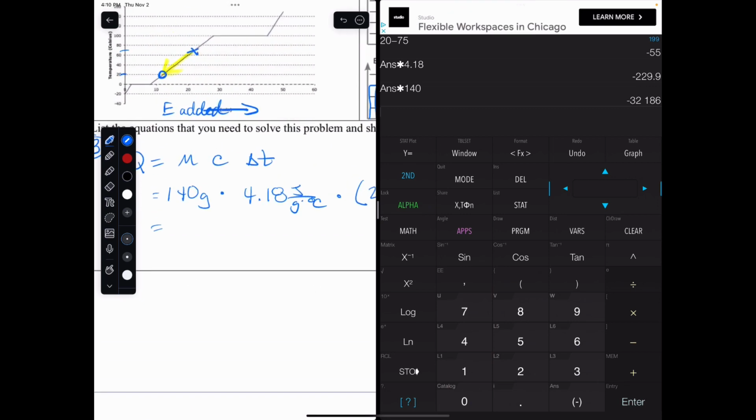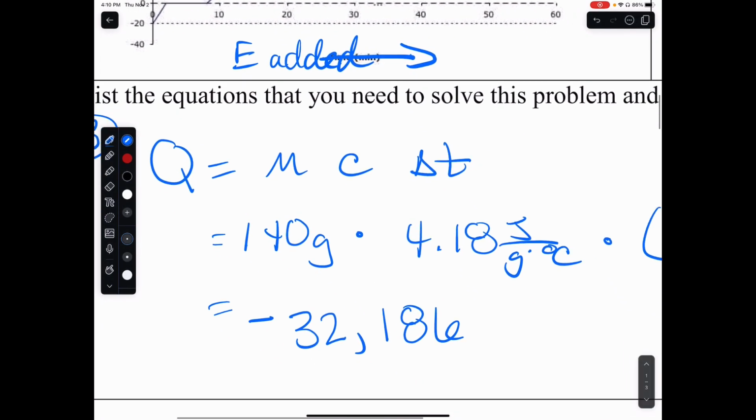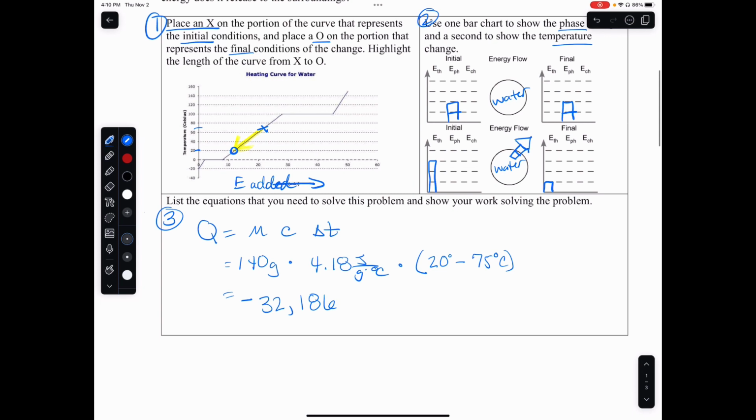And it looks like I get a negative number, 32,186. And let's check the units as well. So grams does cancel, degrees Celsius does cancel, and I'm left with joules. But why is it a negative number?